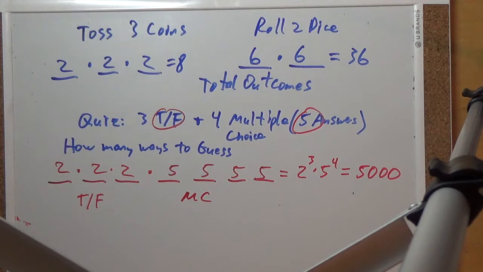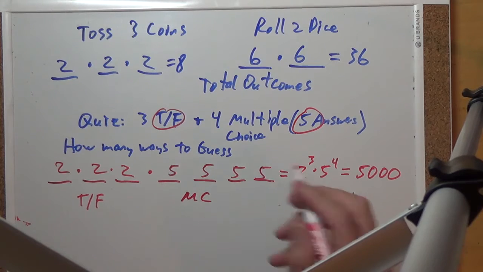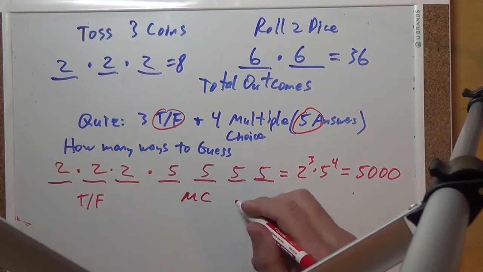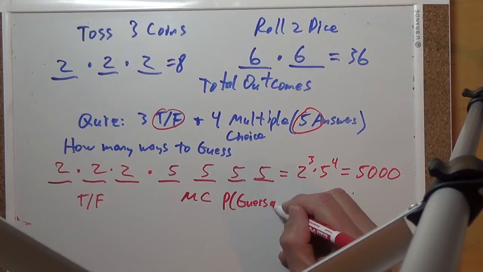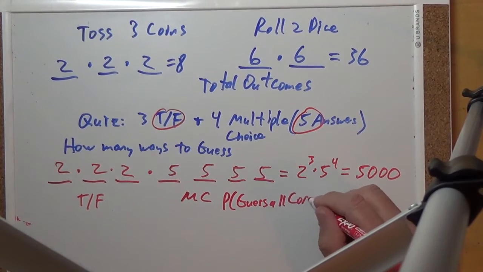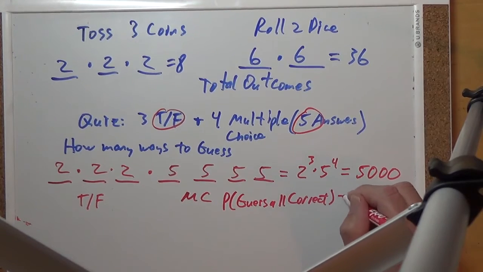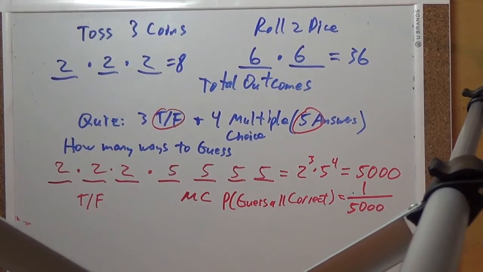Get used to it. So, if I asked you the probability that you could guess and get them all right, hate to burst your bubble. There's only one way you can get them all right. There's 5,000 ways, so that's a small probability.